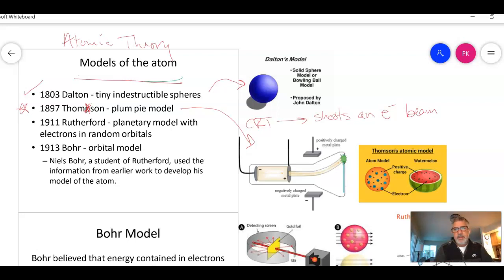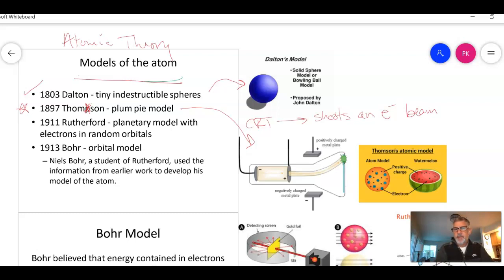So Thomson, almost at 1900, started playing around with a cathode ray tube, and he found that anytime he brought a positive side of a magnet to the tube, the electrons bent up toward the positive. And if you brought a negative plate to it, the negative plate down here, the electrons bent away from it.